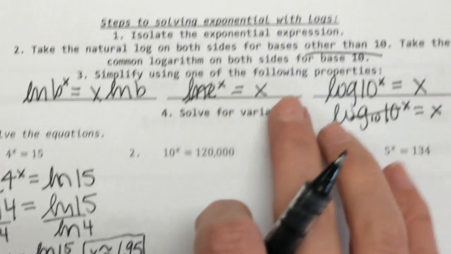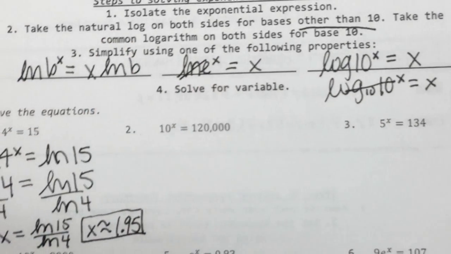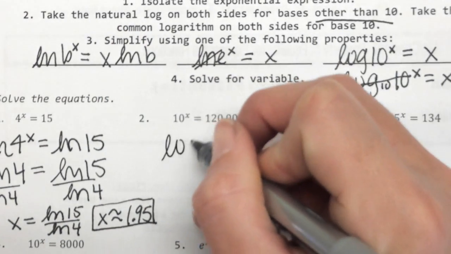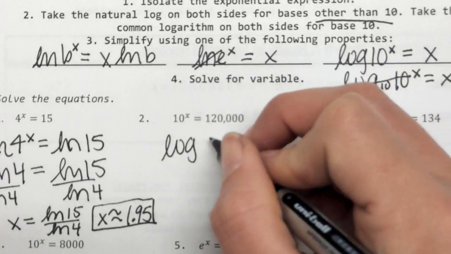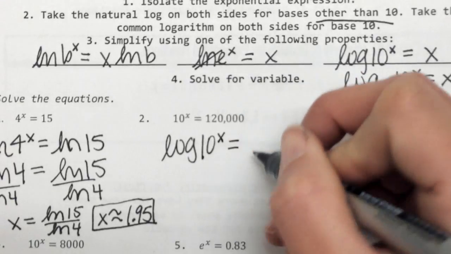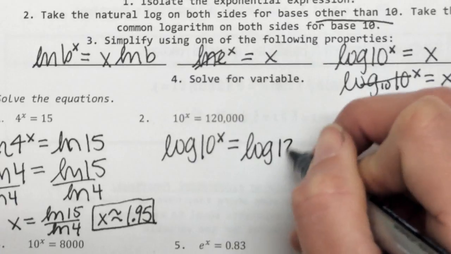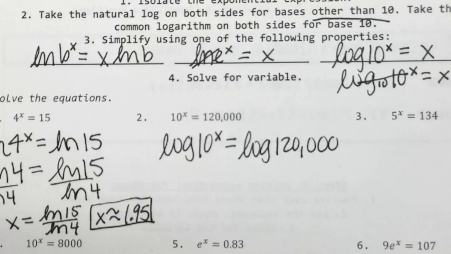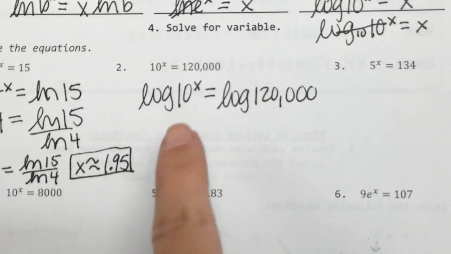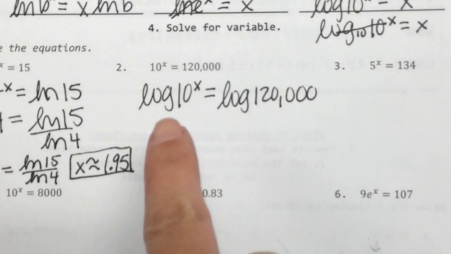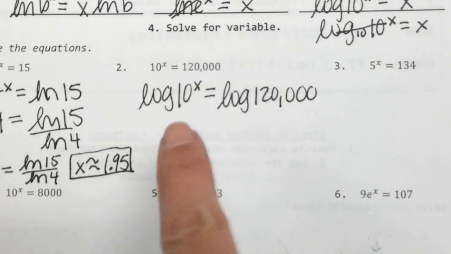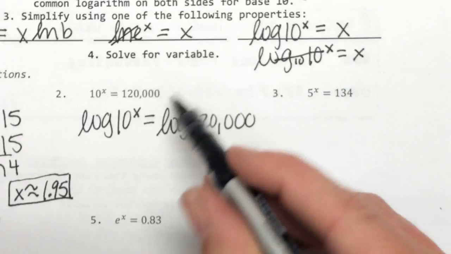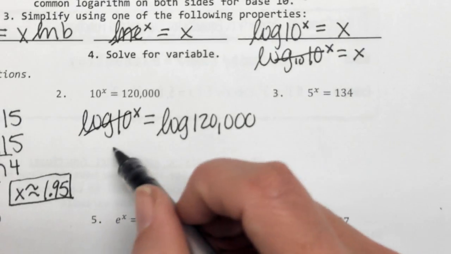Alright, so on this one, it's got a base of 10, so we're going to use the common logarithm. So here's how it looks. Log of 10 to the x equals log of 120,000. And we only use common log when there's a base of what? 10. Alright, so everybody see what's going to happen on this side? It's going to cancel out to what? Good. So this is the property we're using here. It cancels out to just x.